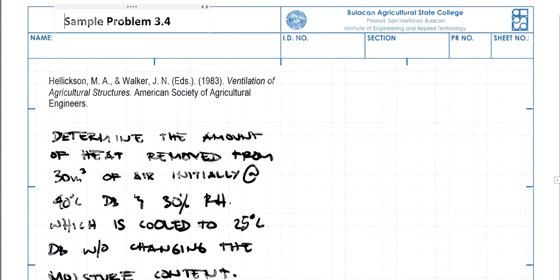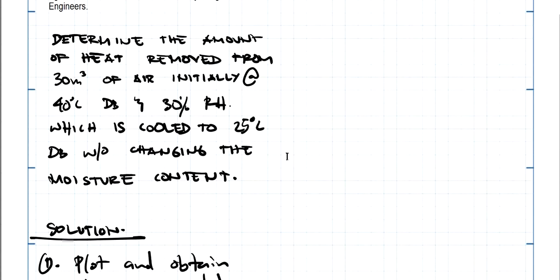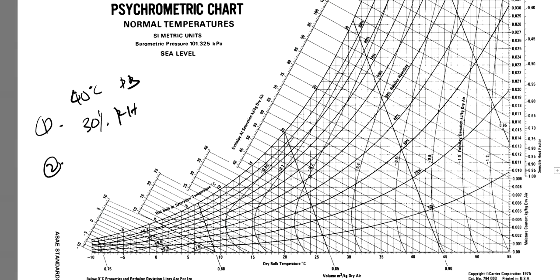Okay, it says here 40 degrees C dry bulb and 30% RH, and that's for state 1. And for state 2, we have 25 degrees C dry bulb.